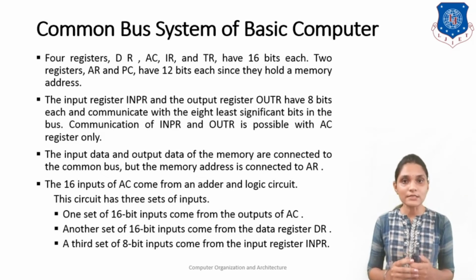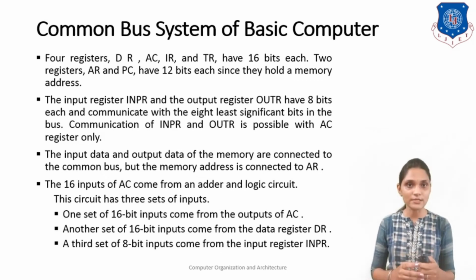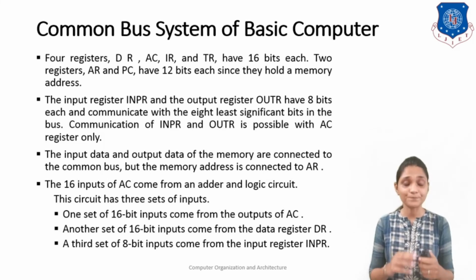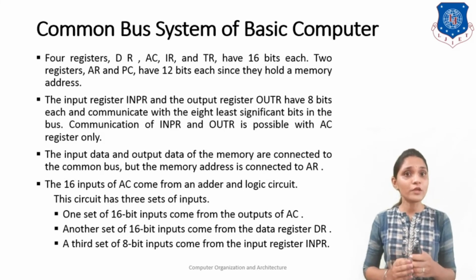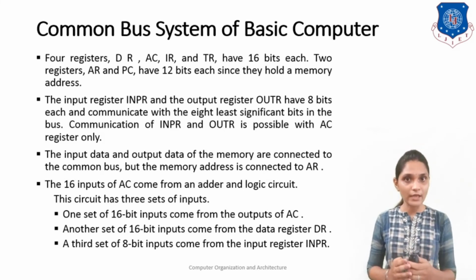The 16-bit input of the accumulator comes from the adder and logic circuit, or you can say the ALU circuit. This circuit has 3 sets of inputs. One set of input comes from the output of the accumulator.